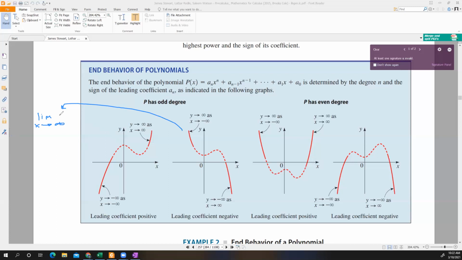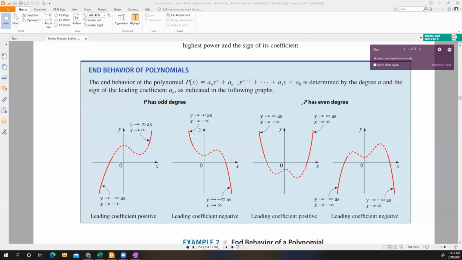The limit as x goes to infinity of p of x is negative infinity, and the limit as x goes to negative infinity of p of x is positive infinity. So the limits are switching. That's when p has odd degree and the leading coefficient is negative.